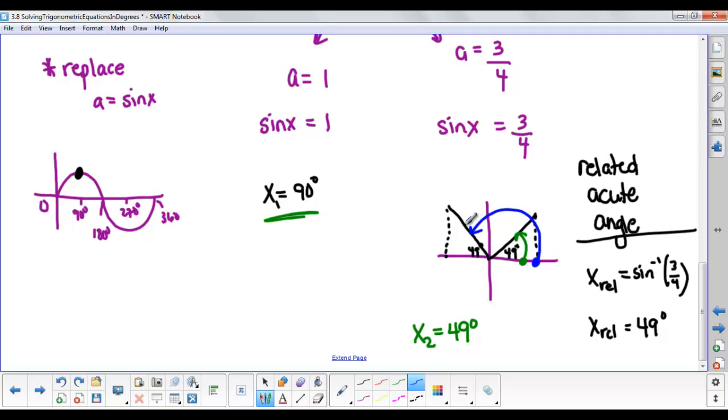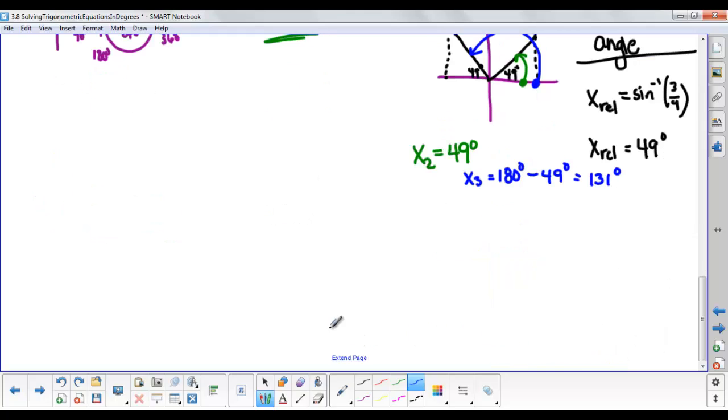We went almost 180 degrees, but we stopped 49 before that. So our third possible value for x would be 180 minus the 49 degrees, giving us 131 degrees. If you wanted to write a nice, neat therefore statement, our possible values for x are 49 degrees, 90 degrees, and 131 degrees.